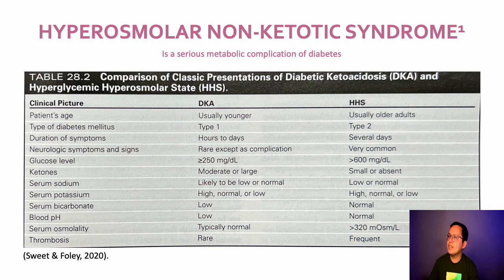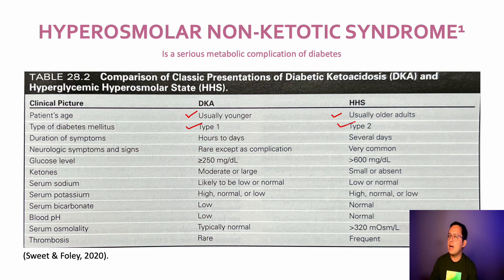So this is a comparison of classic presentations of ketoacidosis, DKA, and hyperglycemic hyperosmolar state. For patient age, DKA patients are usually younger, right? HHS, usually older adults. Type of diabetes: type 1 is DKA, type 2 is HHS.